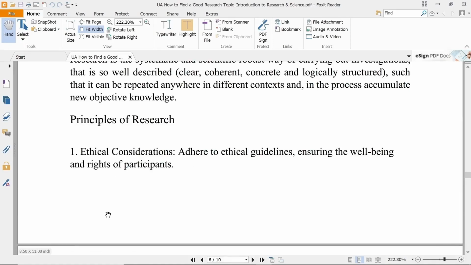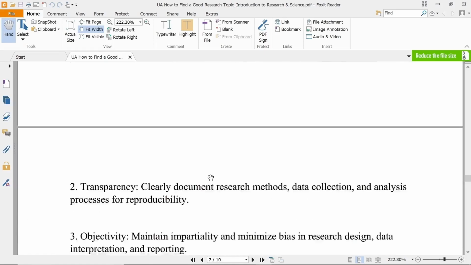Like one of the rules I'll give when doing topic generation: your title for the project shouldn't have the name of an institution without their permission. So you don't do that. That's part of ethical consideration.